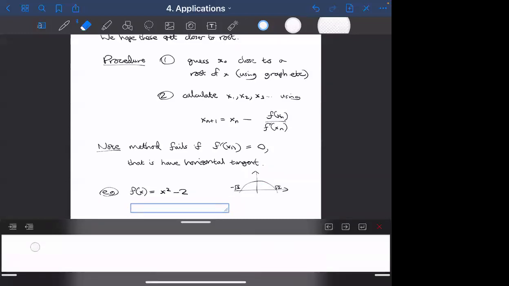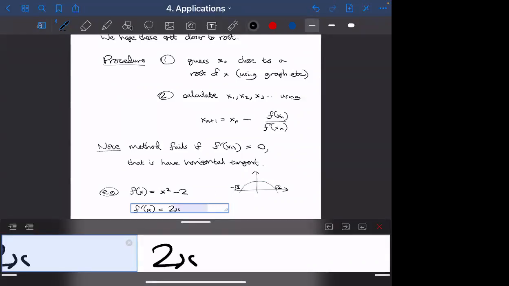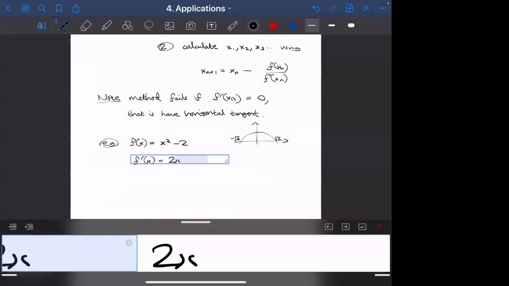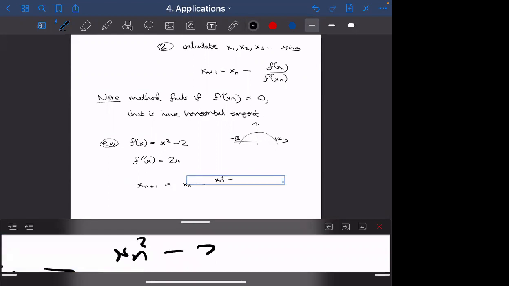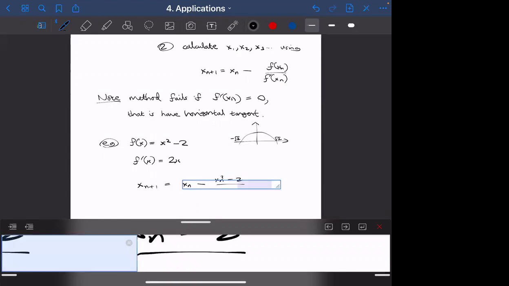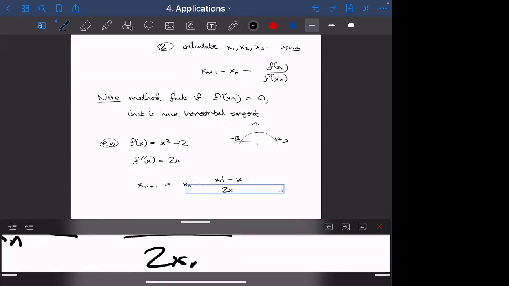So what do we get? f prime x is 2x. And so the formula says x(n+1) is xn minus (xn squared minus 2) over 2xn.